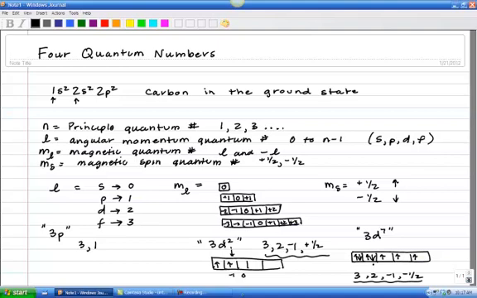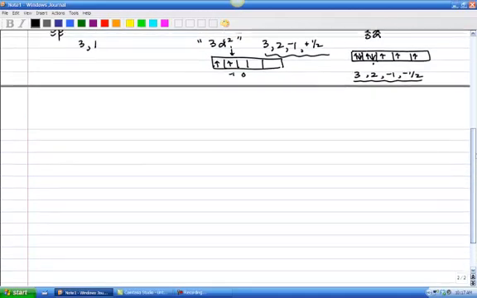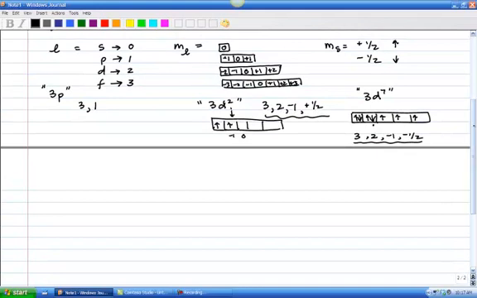So let me scroll down a bit, and let me move this up so we can see some of the ideas here. Let's say I wanted to do that carbon one. Remember, carbon is 1s2, 2s2, 2p2. Now obviously there's 6 electrons.